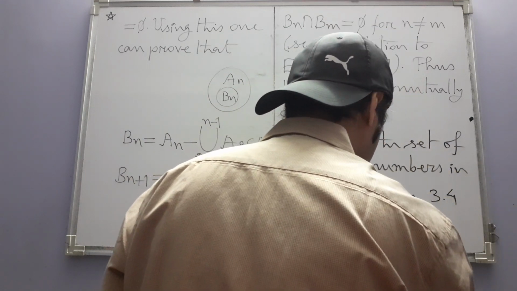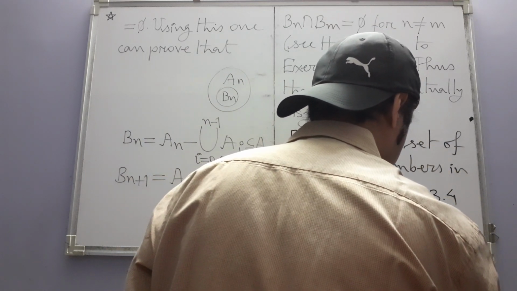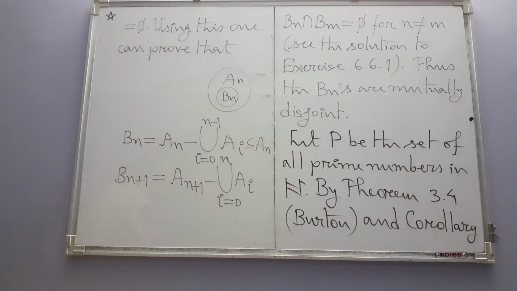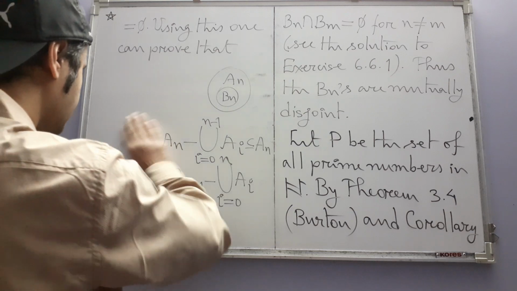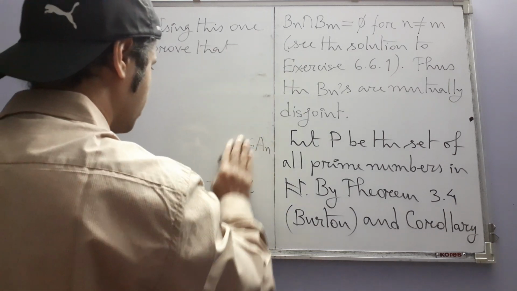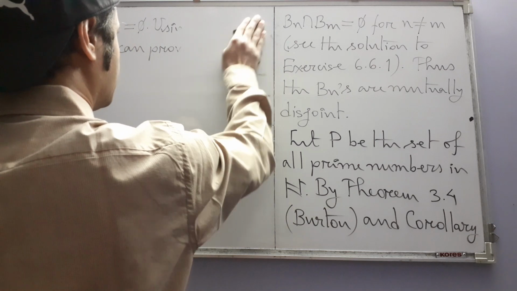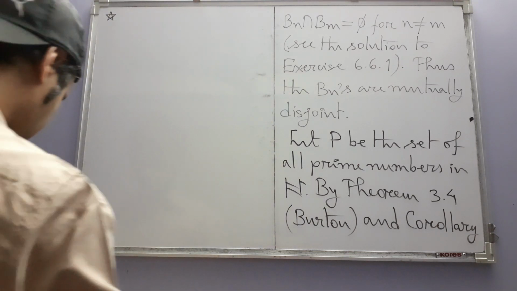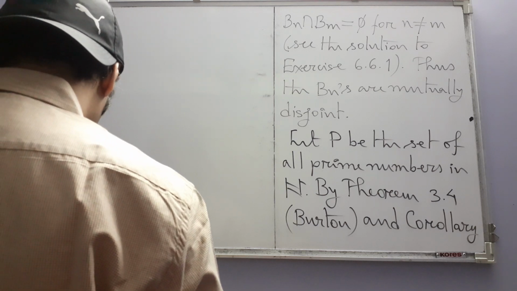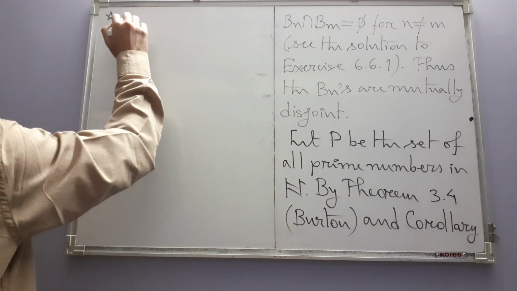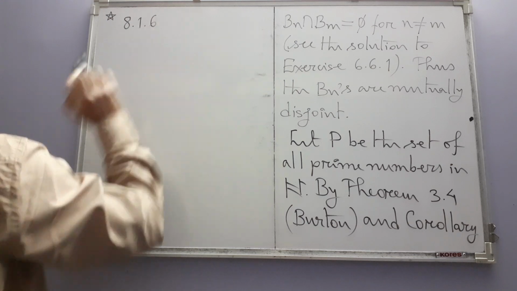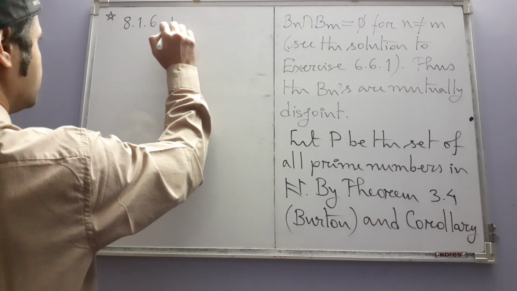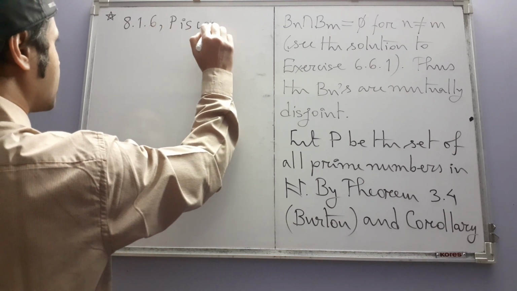And corollary, why suddenly we are bringing in prime numbers, you will realize they will become very convenient. And our corollary 8.16, which says that any subset of the set of natural numbers is at most countable. P is countable.